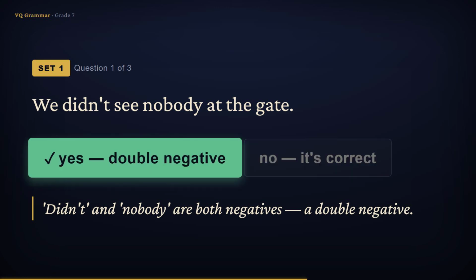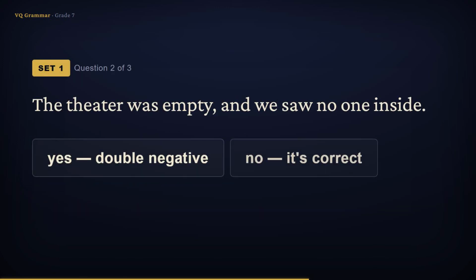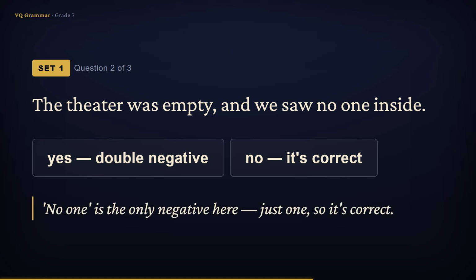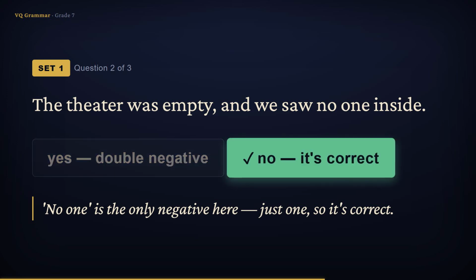So the answer is yes. The theater was empty and we saw no one inside. Hunt for the negatives. Empty isn't a negative word, it's just a description. The only negative here is no one, and 1 negative is exactly right, so there's no double negative. So the answer is no.